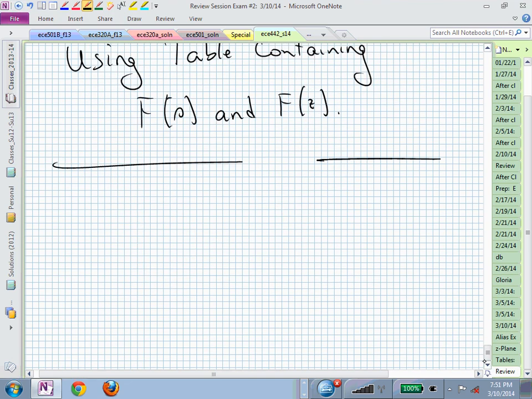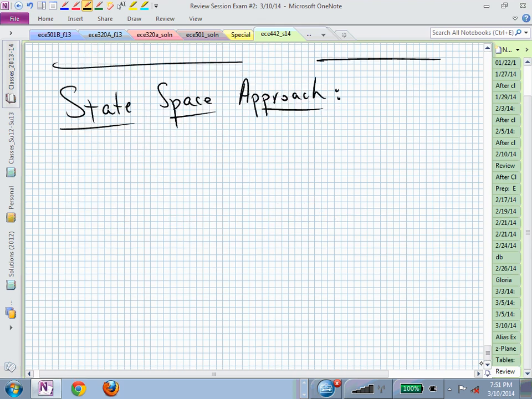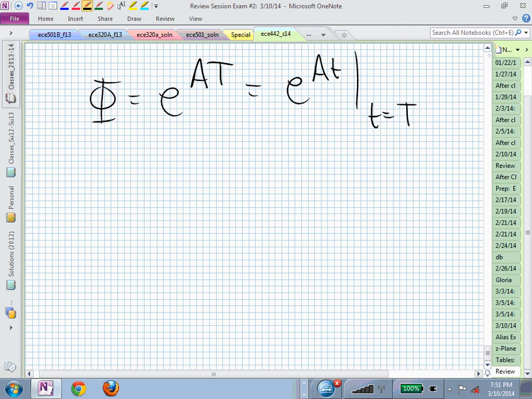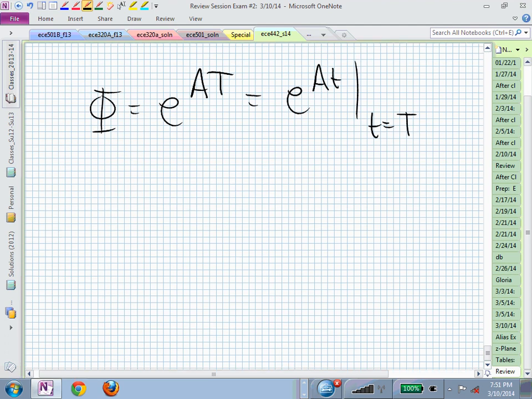That's using the transforms. If you use the state space approach, again, we're still on the zero order hold equivalent. We haven't changed from that. Now we have phi. The system matrix in the discrete time state space representation is e to the A T, where this is now e to the A little t with little t replaced with capital T. You could find, if you needed to, e to the capital A little t by hand, doing it by Laplace.